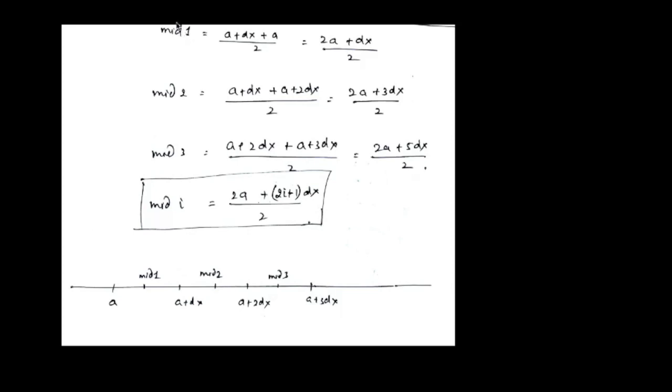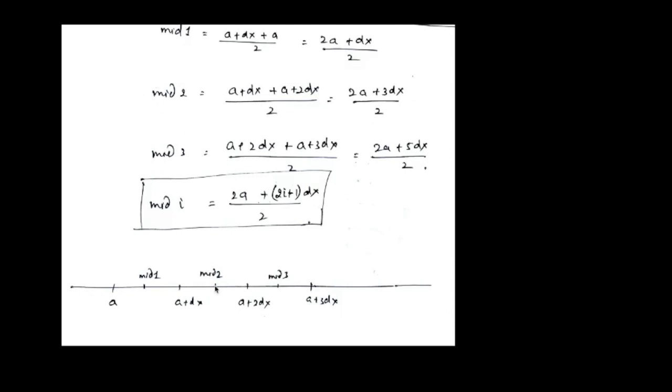So what is the mid 1 coordinate? It's the average of a and a plus dx. So I can write a plus dx plus a divided by 2. Now when you solve it, a comes 2 times. You will write 2a plus dx by 2. Similarly, what is mid 2?